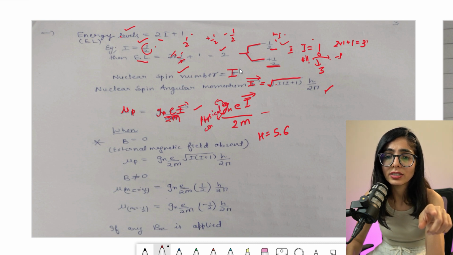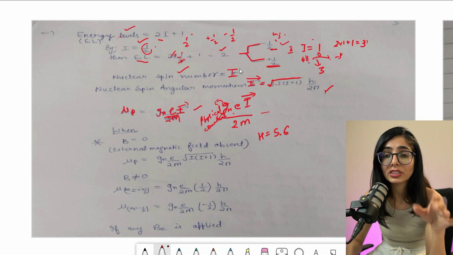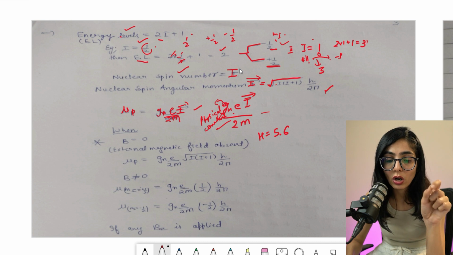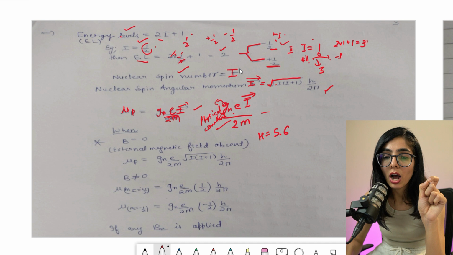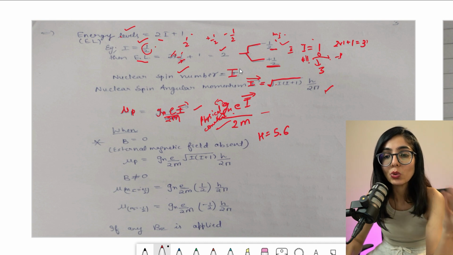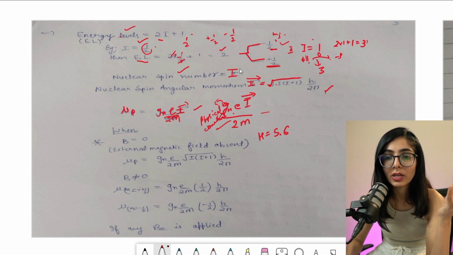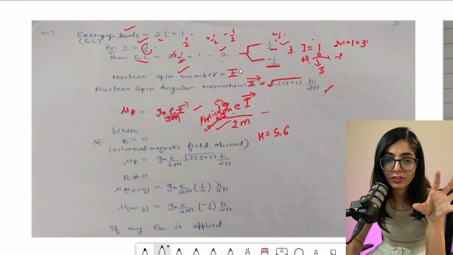So just listen to me carefully. The physical significance of this G, this physical constant, is that it tells how easily a proton can rotate in any nuclei. That is the physical significance.